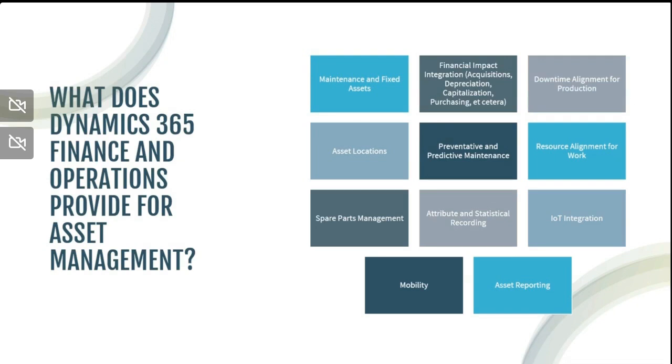We're really trying to align downtime, because these assets, for example, may be used from a manufacturing perspective inside of finance and operations. And from there, we want to schedule downtime that may impact our MPS calculations, for example, inside of the environment.